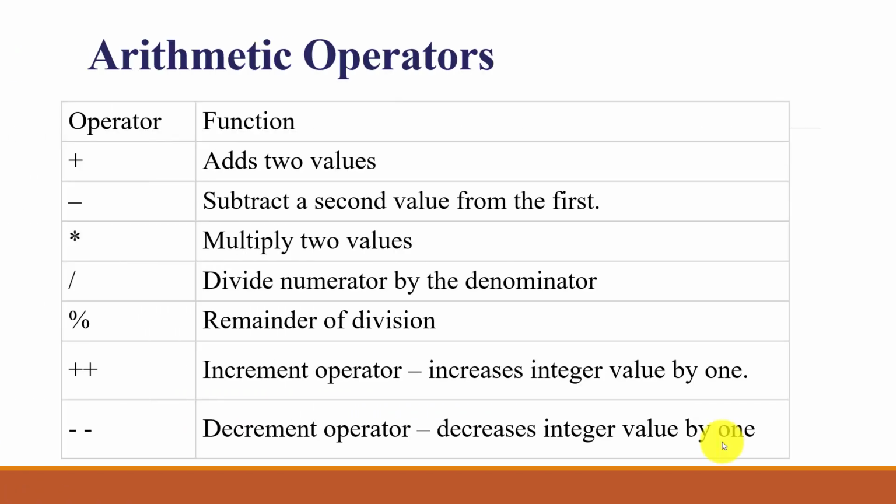This topic, increment and decrement, has a separate video, because the increment and decrement operators are again divided into postfix and prefix operators. It requires a detailed explanation of what increment is and how postfix and prefix work, so I will provide the link of the separate video in the description box.